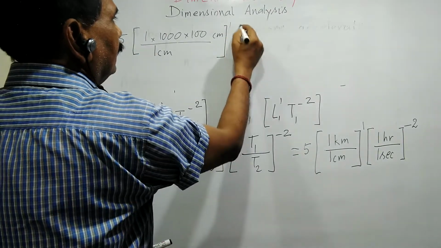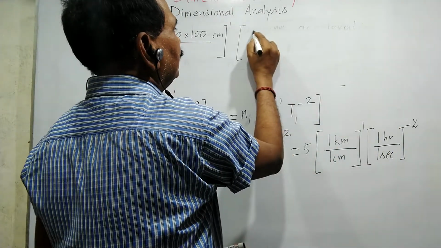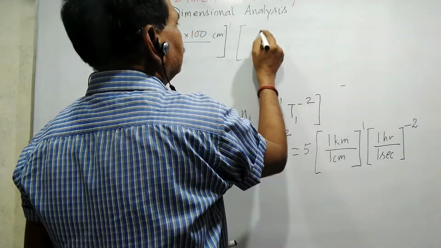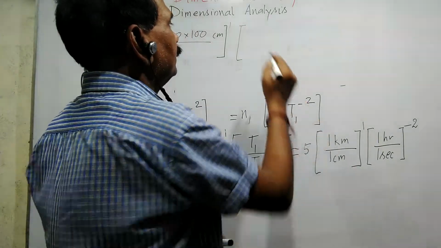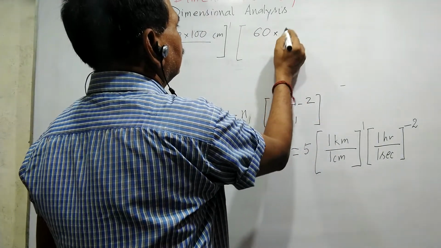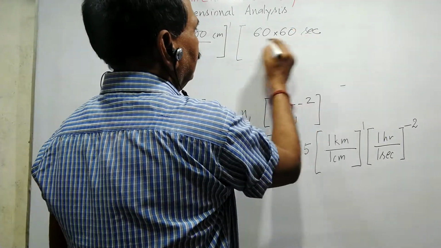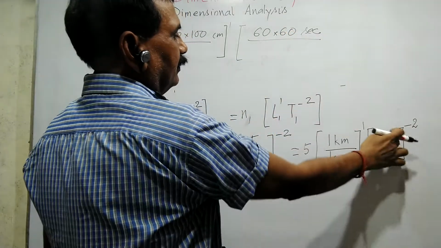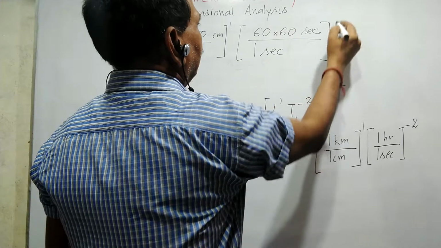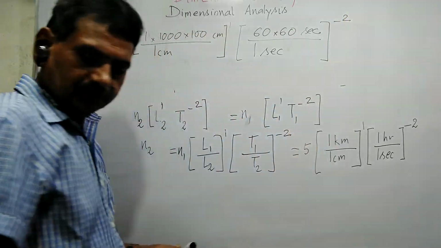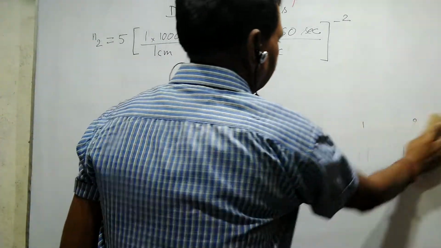And here, take 1 hour in seconds. 1 hour means 60 minutes into 60 seconds. So 1 hour is 60 into 60 seconds, and 1 second, having power minus 2.